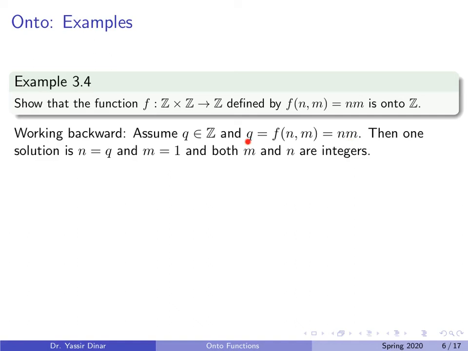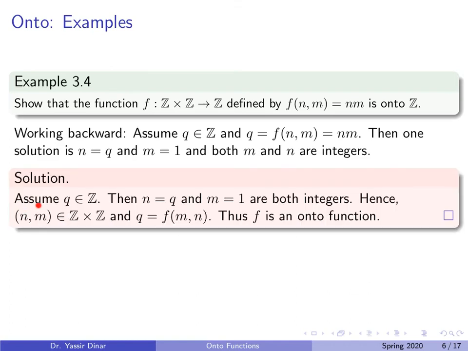So we want, for any q, two integers whose multiplication is equal to q. There are many solutions for two integers n and m whose product is equal to q. So I will take n equal to the number q itself, and m equal to 1, and then the product will be equal to q. So I have a solution.